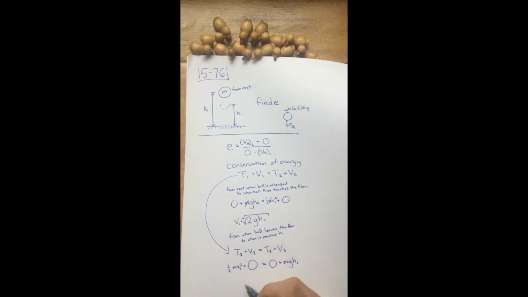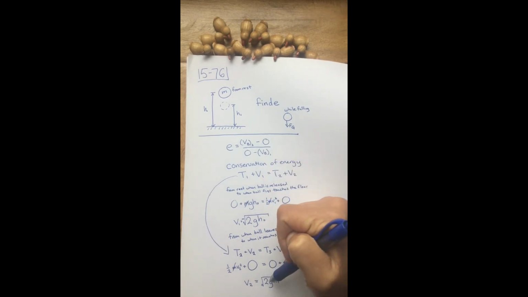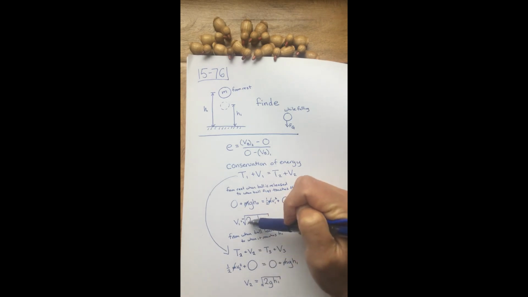And so now I have, solving this the same way as I solved the equation up here, canceling out the m's, multiplying both sides by 2 and taking the square root, I get the square root of 2gh1. After the collision finishes, now the ball is moving upward, so this would be positive if this was negative.